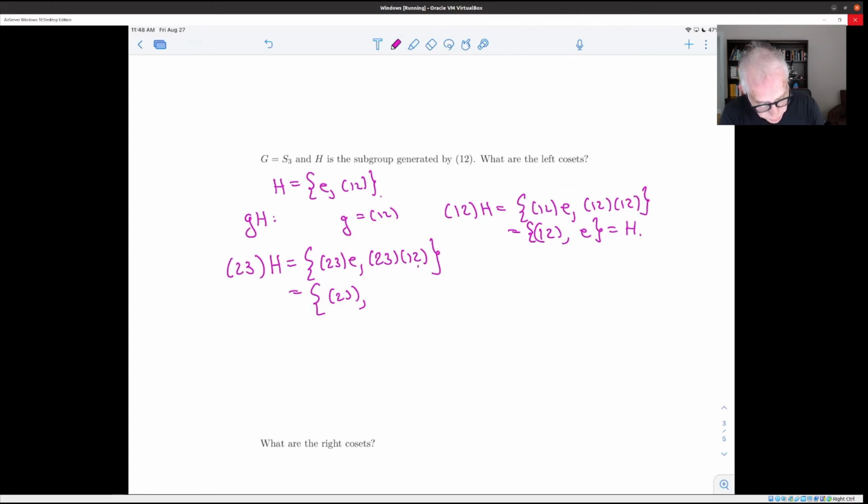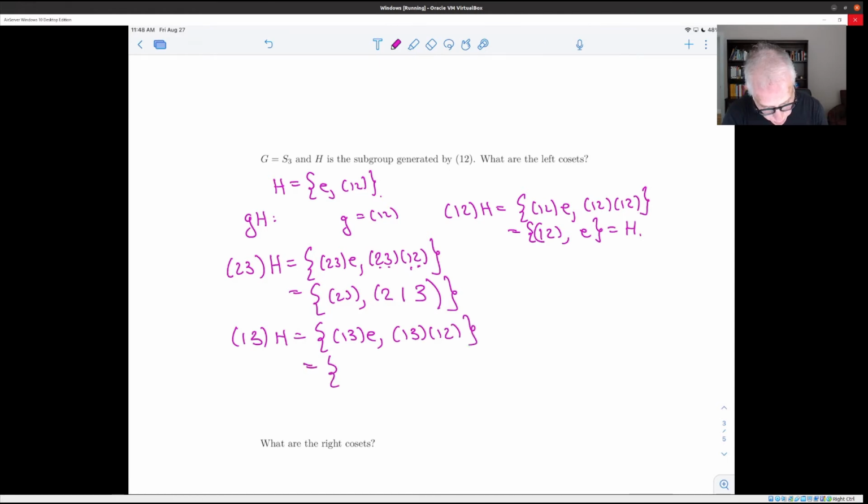So 2 goes to 1, 1 goes to 2, but 2 goes to 3, and then 3 goes to 2. And (1 3)H is (1 3)E, (1 3)(1 2), which is (1 3)E, 1 goes to 2, 2 goes to 1 goes to 3.